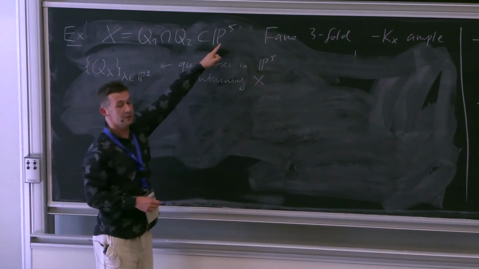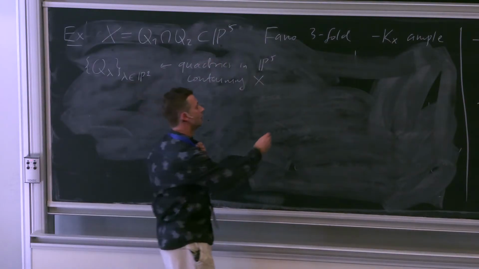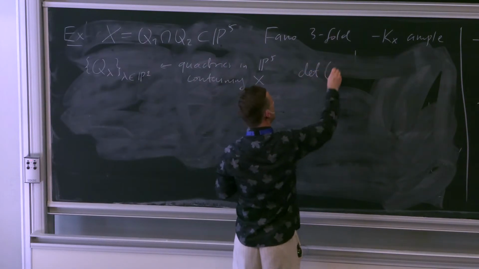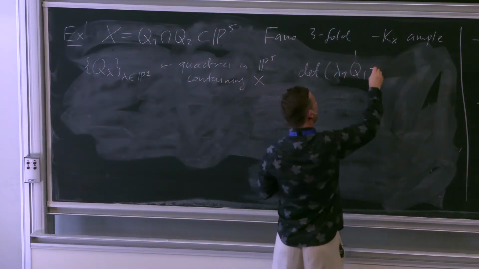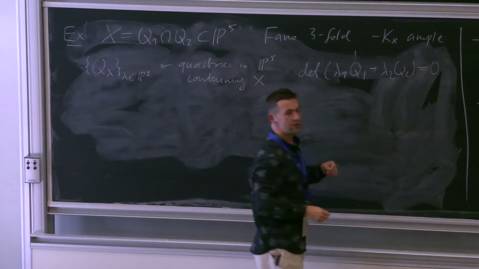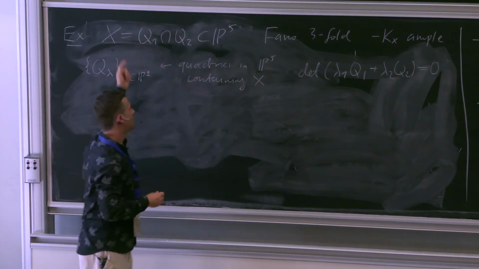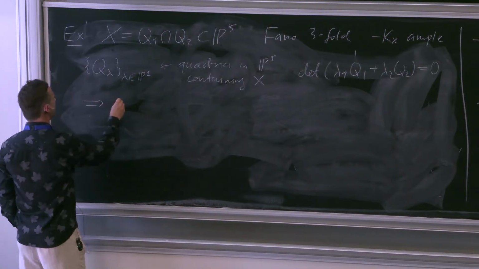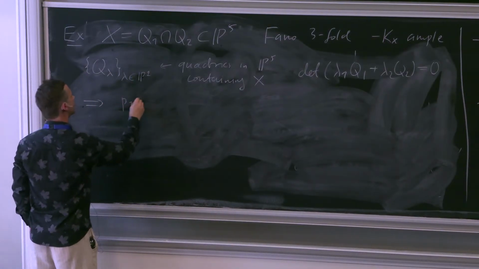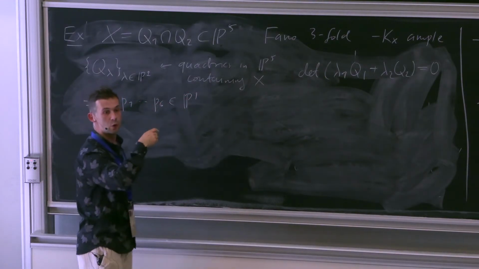Specifically, you have 6 by 6 matrices, and you want the determinant to vanish. So you're looking at the determinant of lambda 1 Q1 plus lambda 2 Q2 to be 0. That's a degree 6 equation on P1. And when everything is smooth, you get 6 points in the base of this pencil where quadrics are singular.